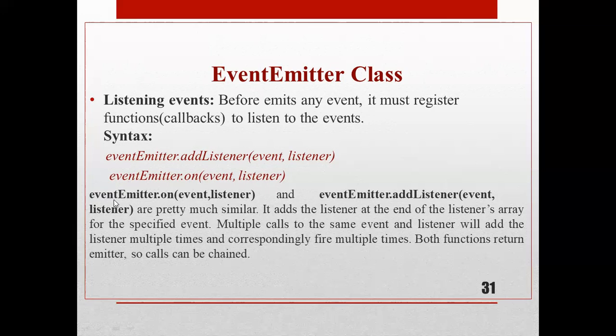So emitter.on and emitter.addListener have similar parameters. Both add the listener at the end of the listeners array for the specified event. If multiple calls are made for the same event and listener, it will add that listener multiple times and correspondingly fire multiple times.